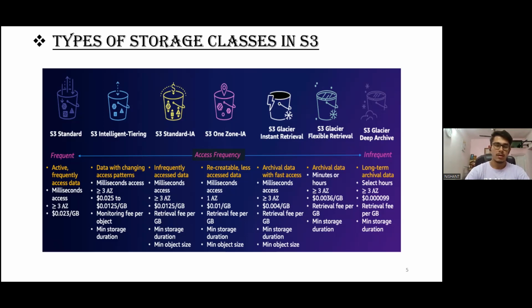So they are accessed frequently or infrequently. As you can see in this diagram, most of the users use S3 Standard frequently, and in order to archive the data, they use S3 Glacier Deep Archive.